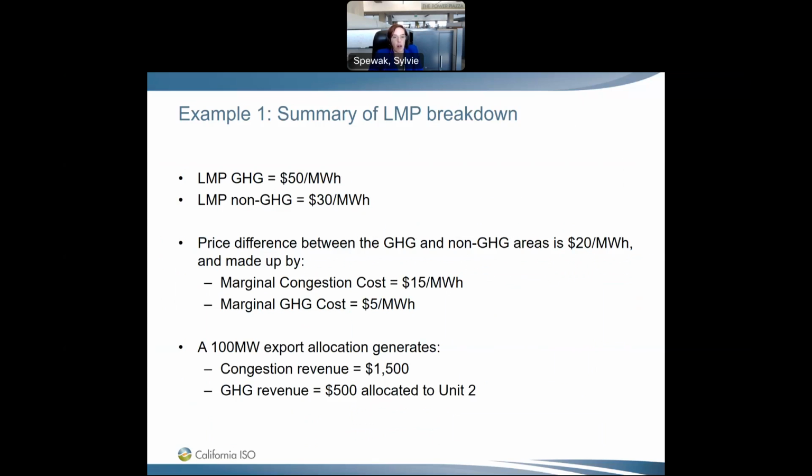$35, therefore, is the efficient price signal for Unit 2. So I've broken all of this down so that you can match this with what's in the BPMs. This is just a high-level summary of what we just found on the previous slide.